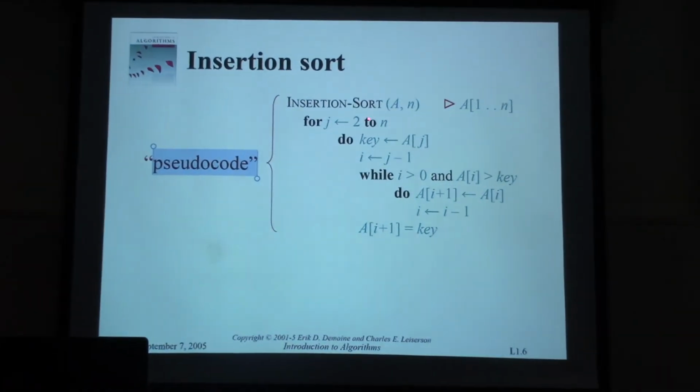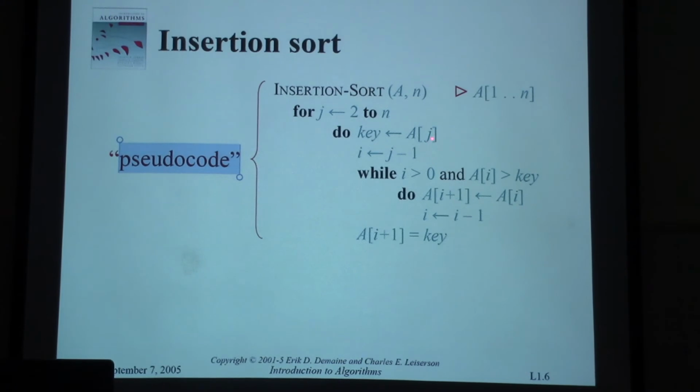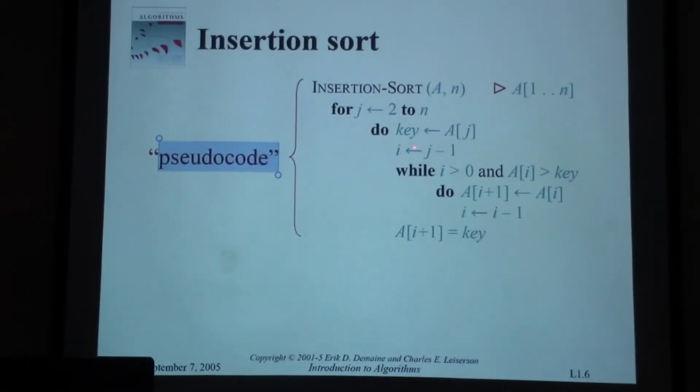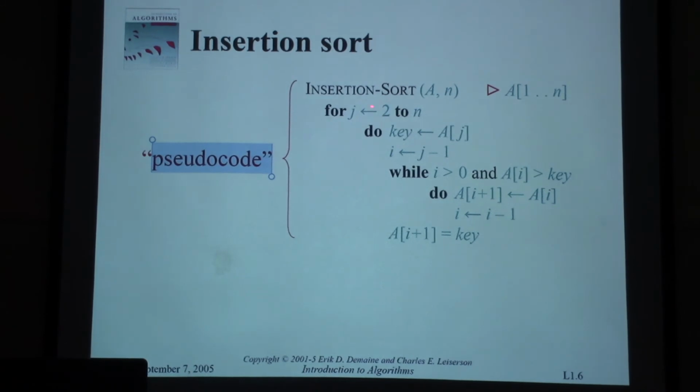I take the element out, put it into some key value, and then look at I equal to J minus 1. So if J is equal to 10, I take the 10th element out, and then I goes from 9, decreasing, while I is greater than 0 and A[I] is greater than key.